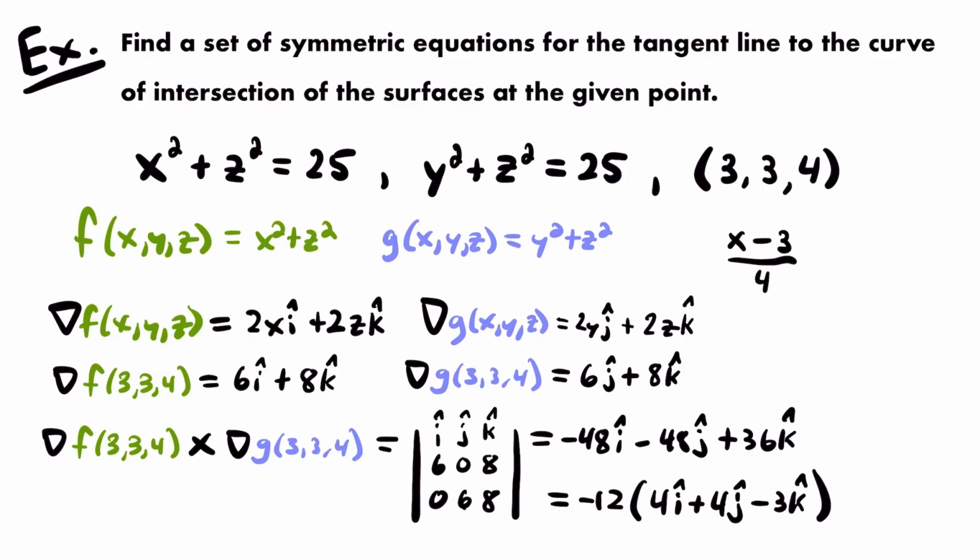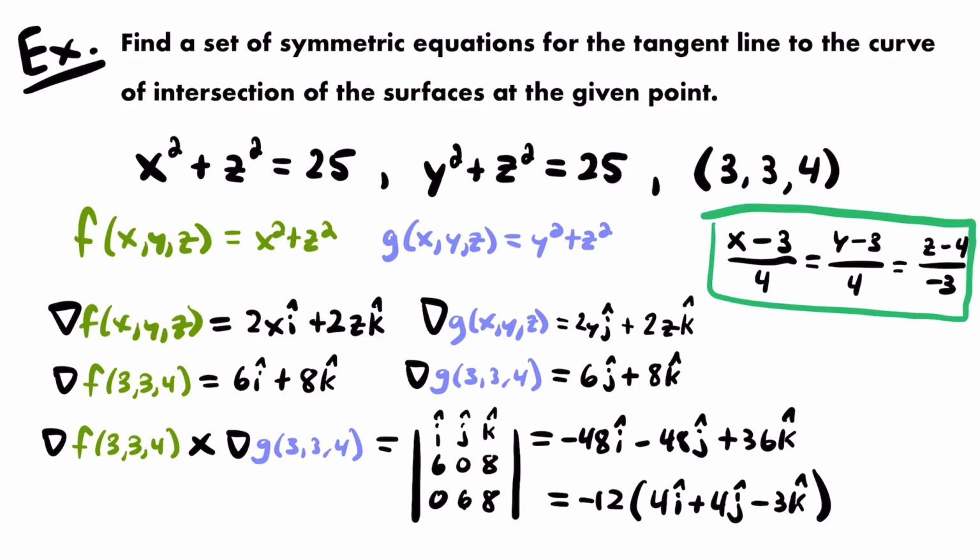So we have 4, and then that will be equal to y minus the y coordinate of 3 divided by the y component of the vector, which is 4. And then that will be equal to z minus the z coordinate of the point, which is 4, divided by the z component of the vector, which is negative 3. So that goes down there, and that's it. This right here is our final answer. That is the symmetric equation for the tangent line to the curve of intersection for these surfaces at this point.